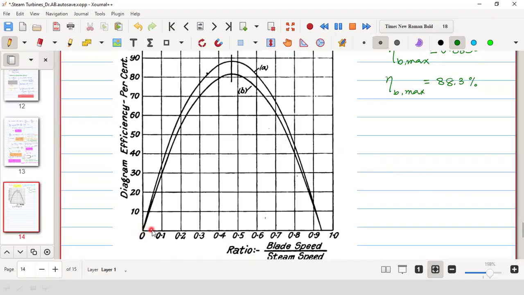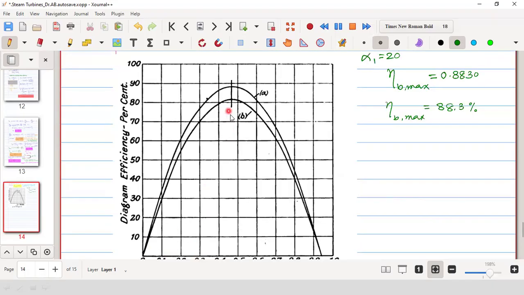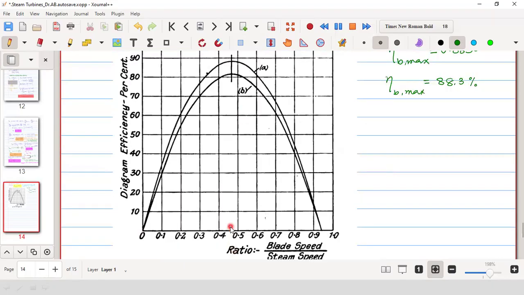Now as the blade speed ratio increases, at the value 0.47 it is maximum. This is drawn with alpha 1 taken as 20 degree. So at 0.47 it is basically maximum, and the value is about 88%, that you can see.